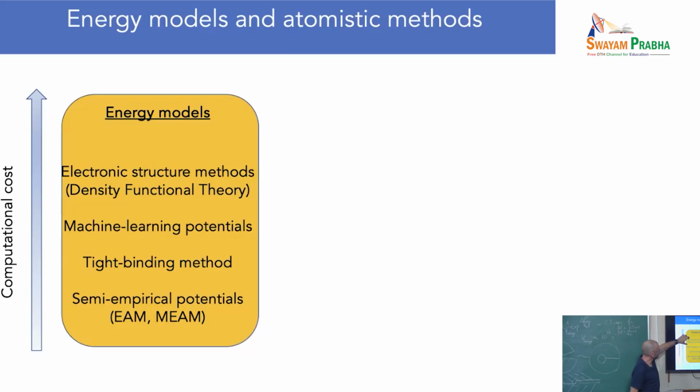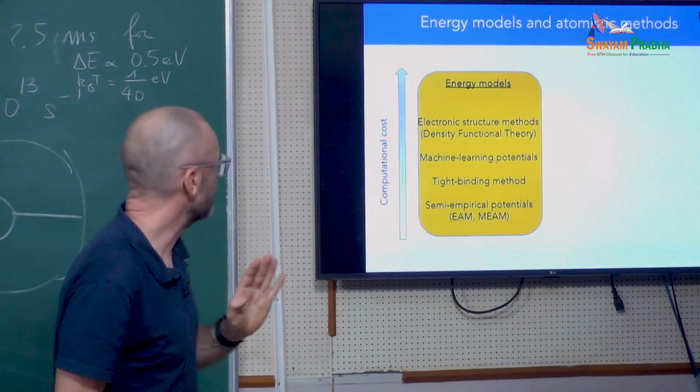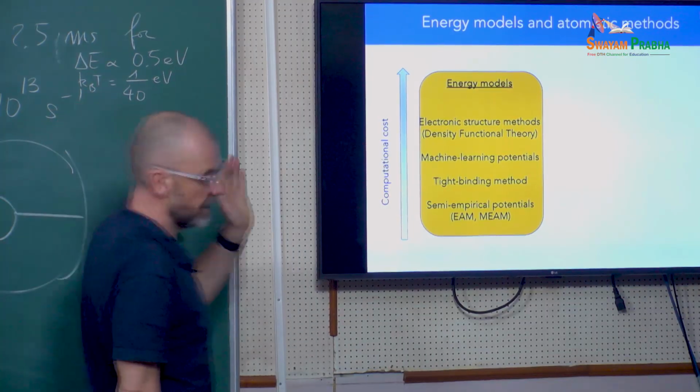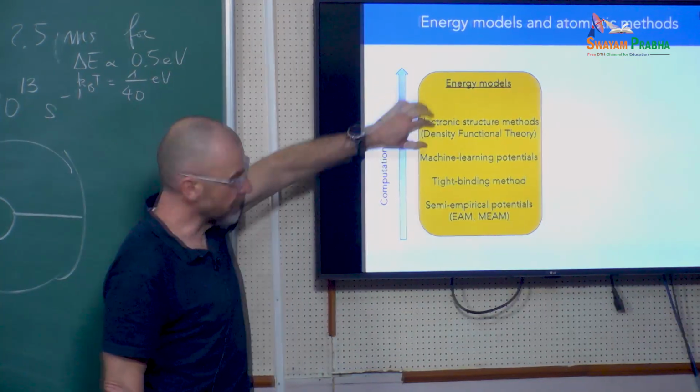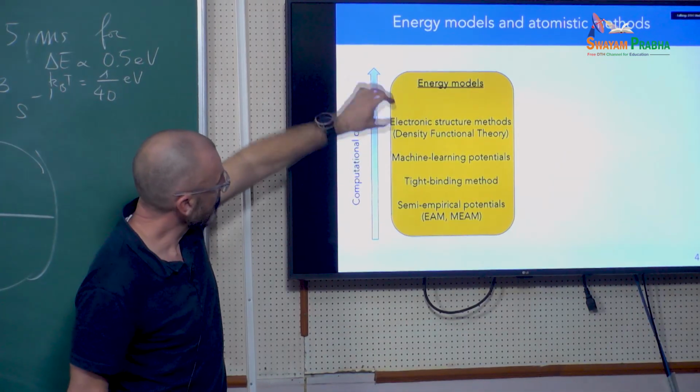But they also cost a lot of computing time. Typically, still nowadays in metals, it's difficult to go beyond a few thousand atoms, and just for relaxation simulations, not molecular dynamics. So here you're really limited to very, very small simulation cells.